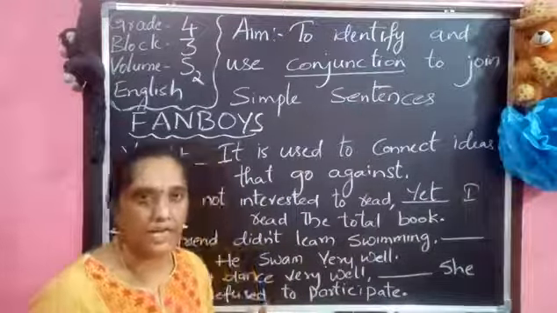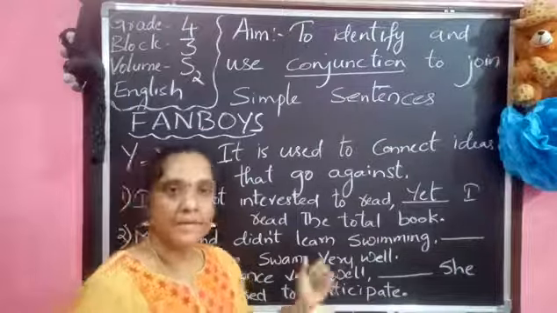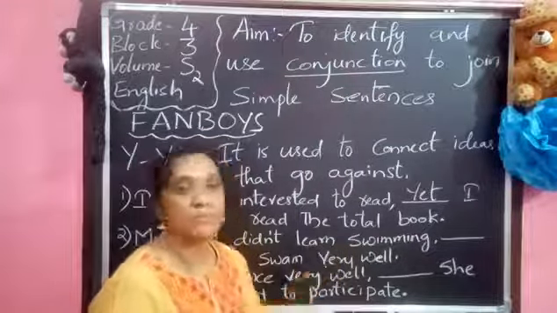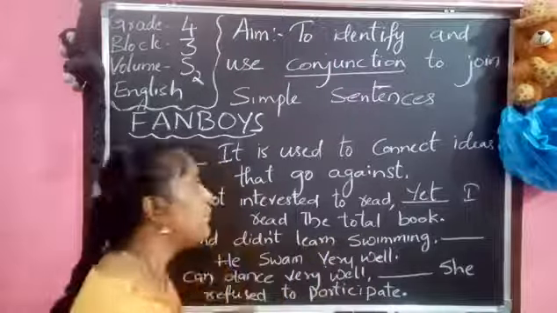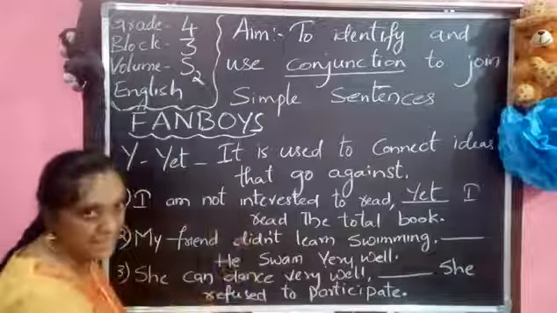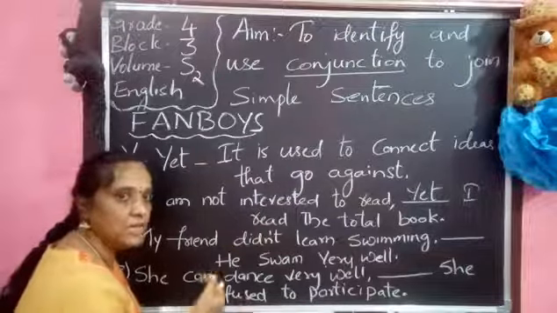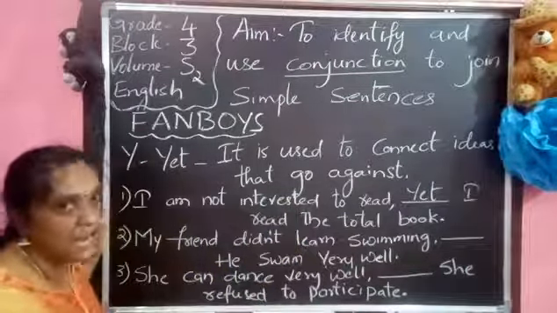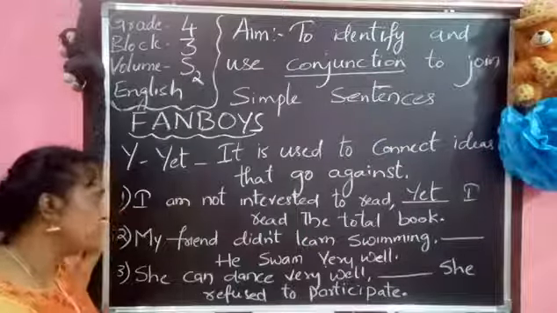But according to that relation, but and yet can be used sometimes. Sometimes both give the same meaning. So when your ideas are against, then you can use yet. So I am not interested to read, yet I read the total book.